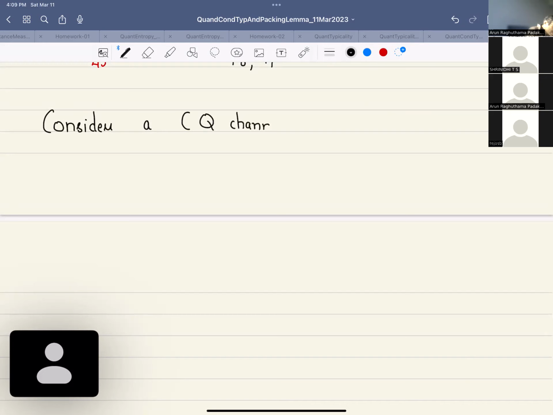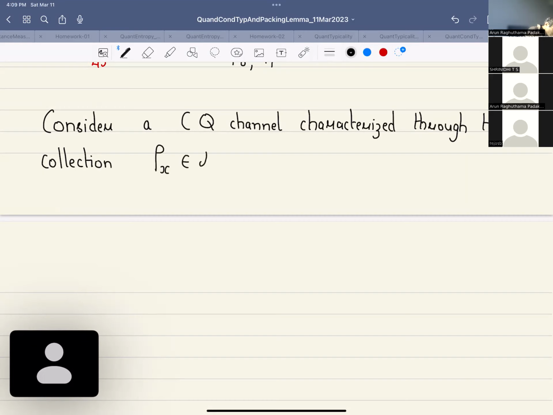Consider a classical quantum channel characterized through the collection rho x belonging to D of H, x belonging to X.